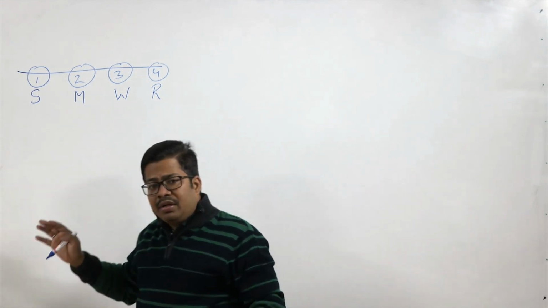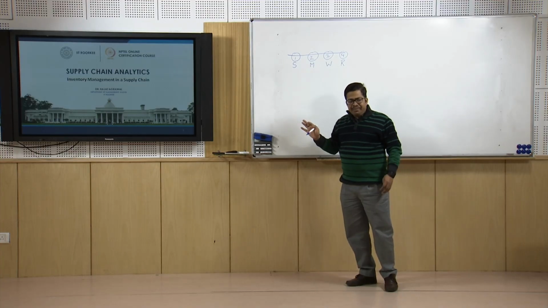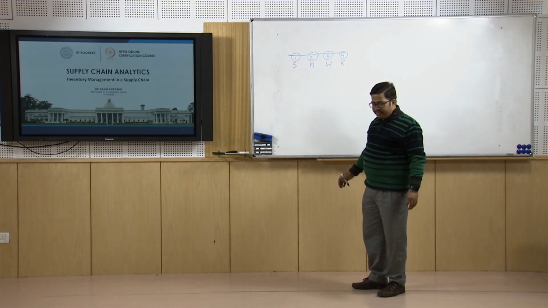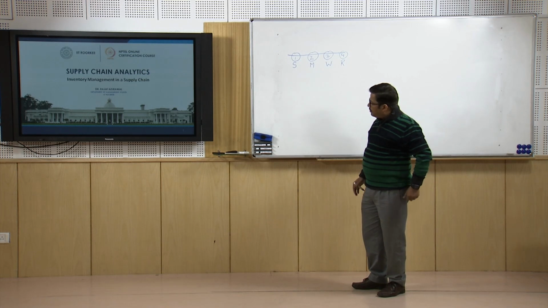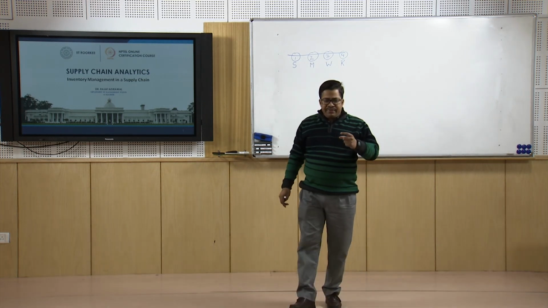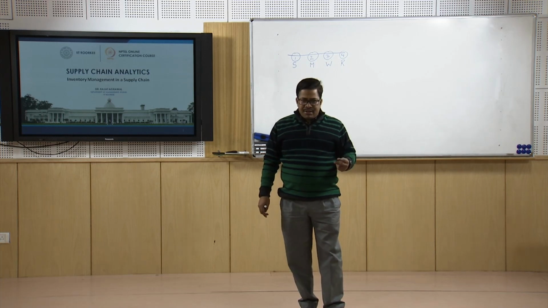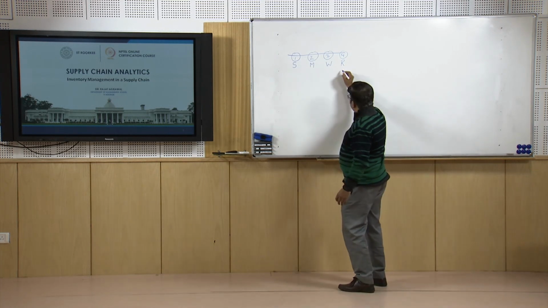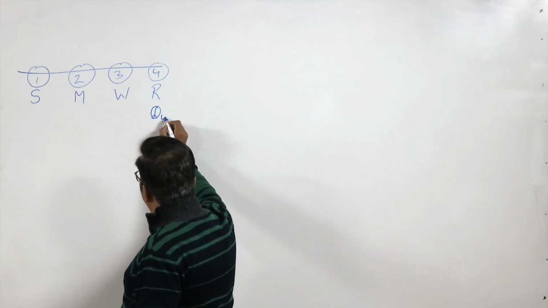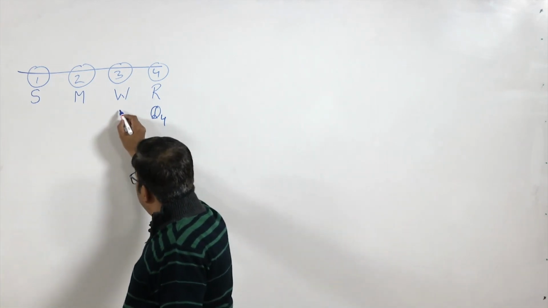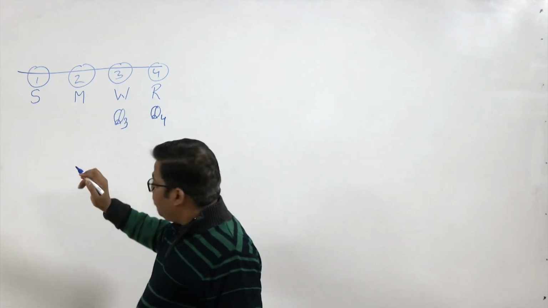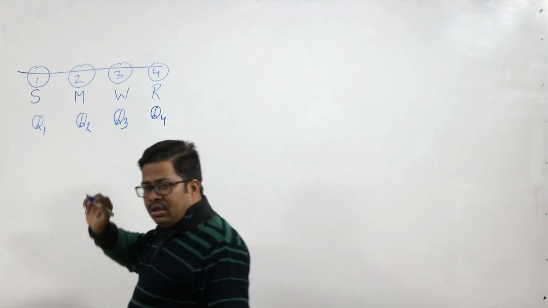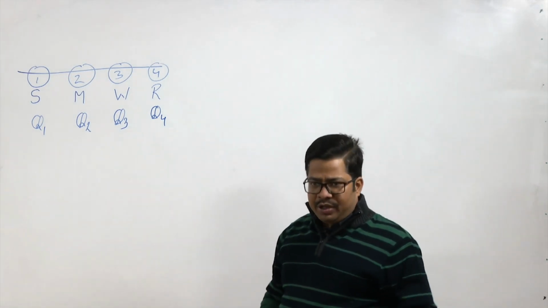This is a very popular generic supply chain model, and we discussed this type of generic supply chain in our first sessions. Now considering this generic supply chain and using the points we already discussed in the earlier two sessions about two installations, here the retailer requires Q4 items, the wholesaler requires Q3 items, the manufacturer requires Q2 items, and the supplier has a demand of Q1 items at a particular time.